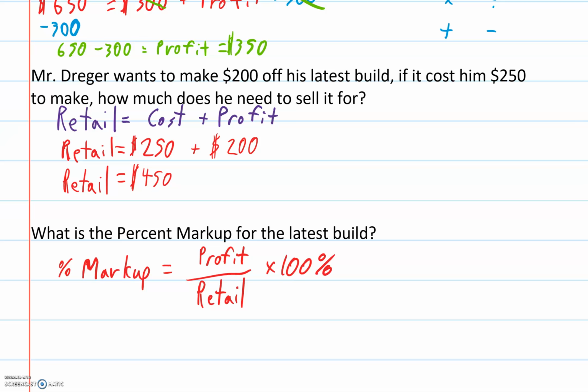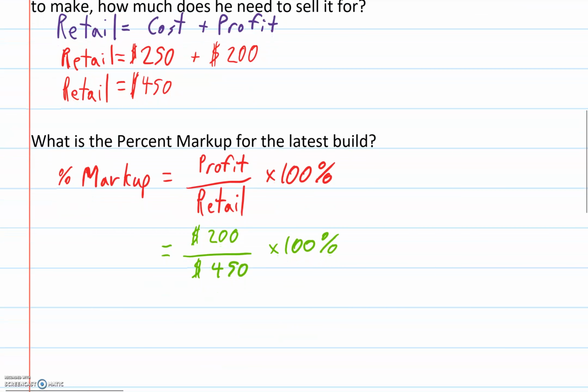So we just need to plug in some numbers here, and our profit was $200. Our retail price we calculated out to be $450 times by 100%.